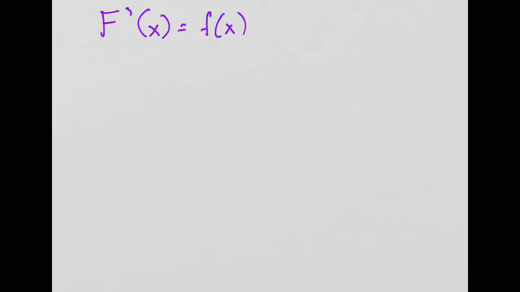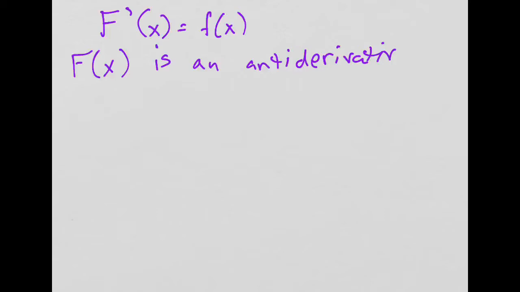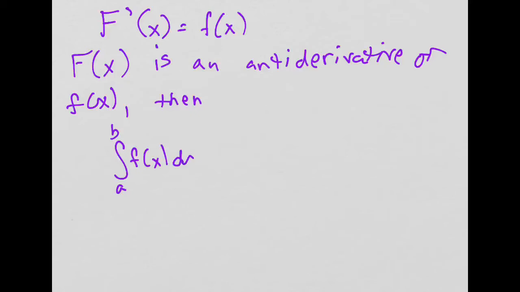So that is, capital F of x is an antiderivative of little f of x, then the integral from a to b of little f of x, which is the derivative of capital F of x, is F of b minus F of a.